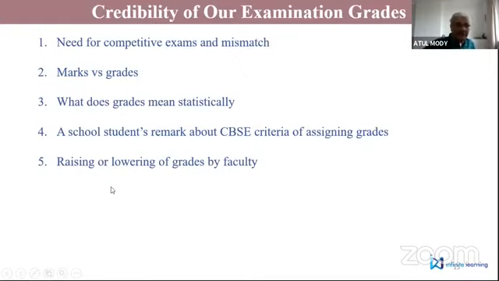I know of institutions in which faculty want to assign more A grades, and therefore they do some adjustment of marks. I have also taught a couple of courses in one of the national institutions, and I know the lacuna about how these grades are being manipulated or adjusted.